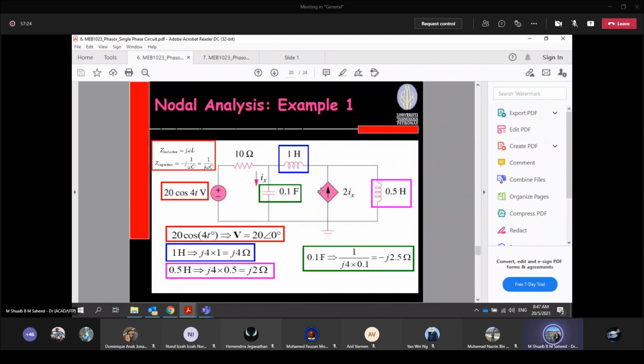This will be known as a dependent current source, because it depends on the current flowing through the 0.1 farad capacitor branch. The diamond shape for a source, either voltage or current, means it is a dependent source. If it is a circle, either voltage or current, it is known as independent. It supplies its own source.